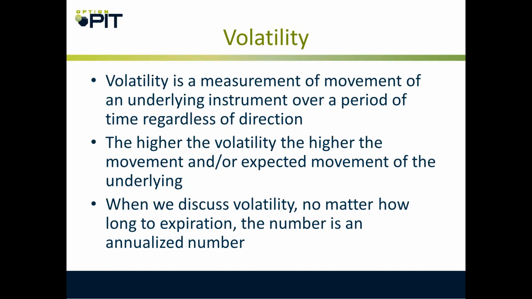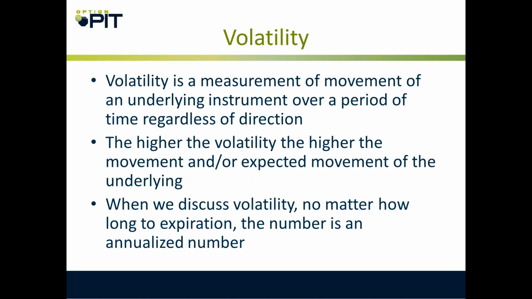All right, so what is volatility? Volatility is a measure of movement of an underlying instrument over a period of time, regardless of direction. So it's movement over a time series is what it comes down to. The higher the volatility, the higher the movement and or expected movement of the underlying. When we discuss volatility, no matter how long to expiration, no matter how long the period, volatility is an annualized number.